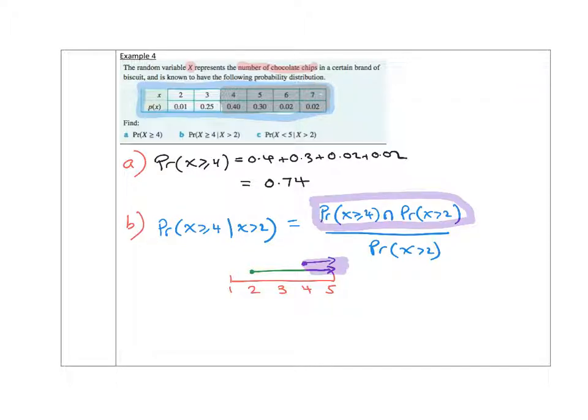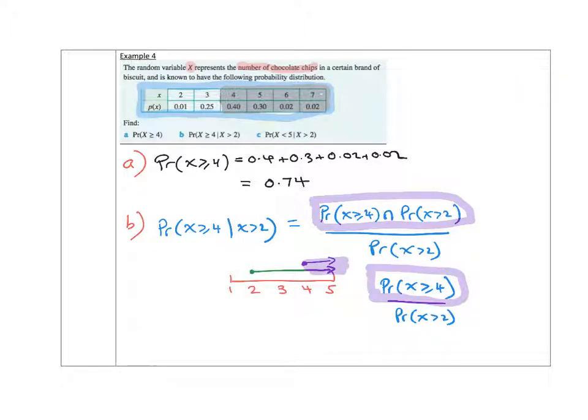So we know here that the formula becomes the probability that x is greater than or equal to 4 divided by the probability that x is greater than 2. And remember that we got that from the work that we did above, from analysing what it means to be both greater than or equal to 4 and greater than 2.